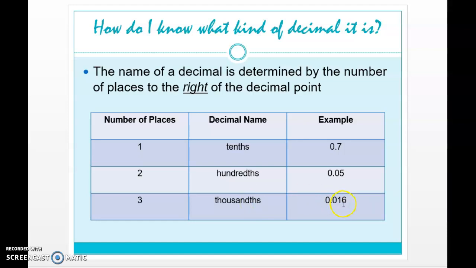An example is 0.016. Remember, when you're reading a decimal, you don't say 0.016 as a whole number. No. After the decimal point, we read the numbers, the symbols, the way they appear singly, like 0.016.